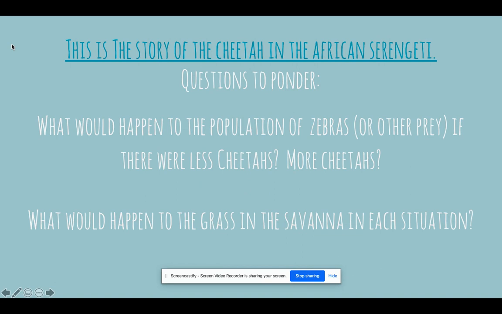Kind of a question to ponder on. What would happen to the population of zebras or other prey, meaning who the zebras eat, if there were less cheetahs? What would happen to the zebras? Think about that. Knowing the cheetahs eat the zebras, would the zebra population increase or decrease if there was less cheetahs?